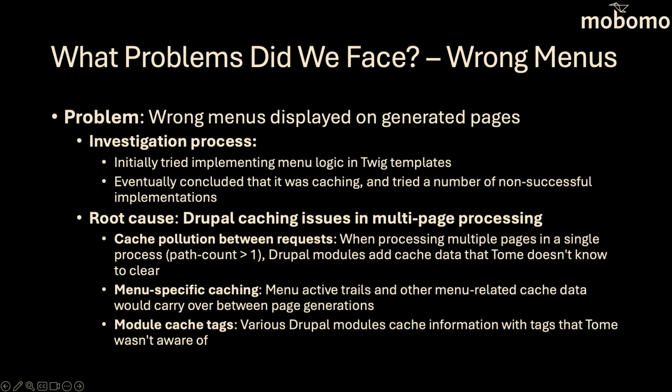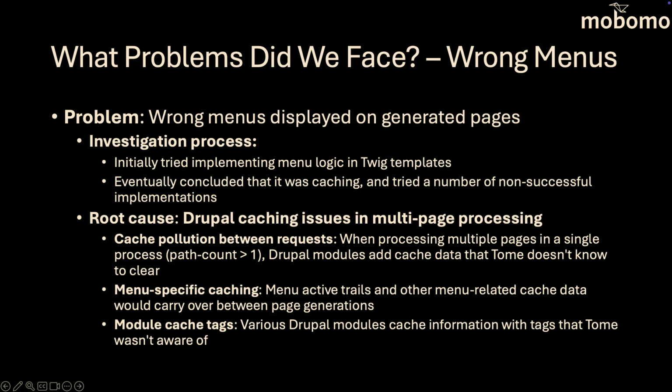Originally we tried to figure out ways to implement a solution for this through Twig templates, but eventually we realized, and this was sort of a hunch from the beginning that we couldn't prove for a long time, that it was a caching problem. And we tried a ton. I personally tried many unsuccessful implementations of trying to solve this problem.